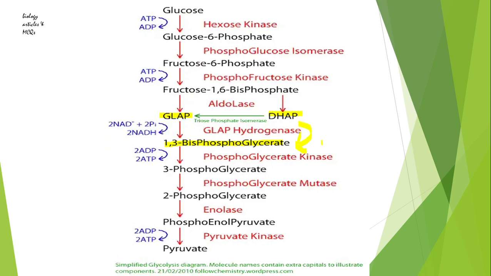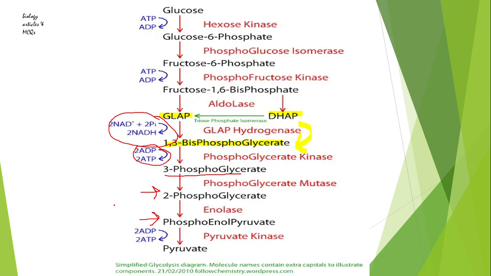Means there will be the formation of two 1,3-bisphosphoglycerates, and then next there will be formation of two 3-phosphoglycerate, and two molecules of all these molecules will now form. So in these steps there will be the interconversions of two molecules also, means two NAD used and then two ADP will be used.